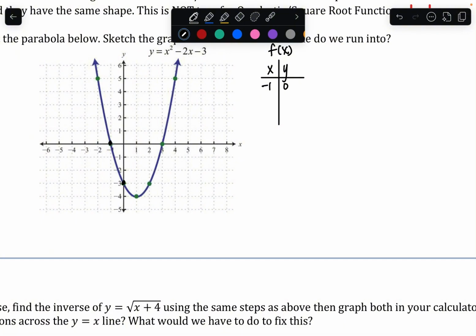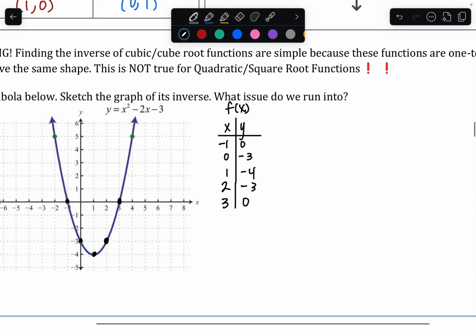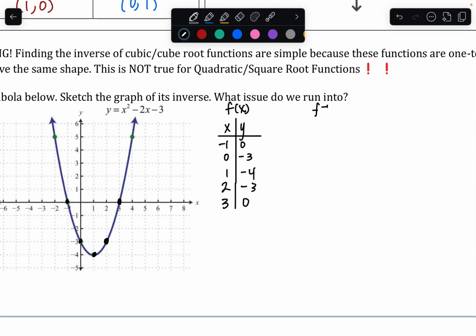I have the point (0, -3). I have the point (1, -4). I have the point (2, -3). And then I have the point (3, 0). I'm just going to use those points. That'll be enough for us. And then for the inverse function, we just switch all of the x's and y's.